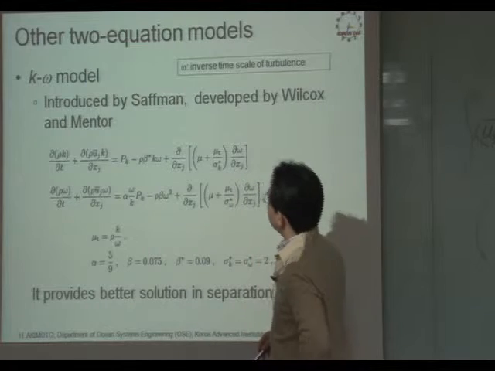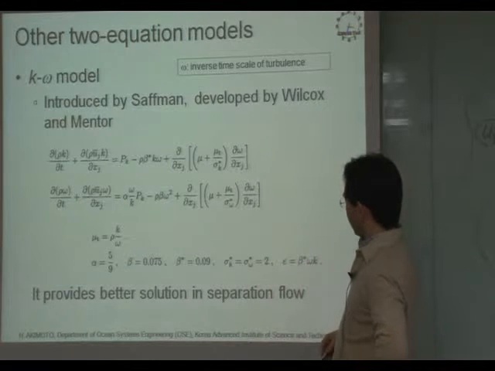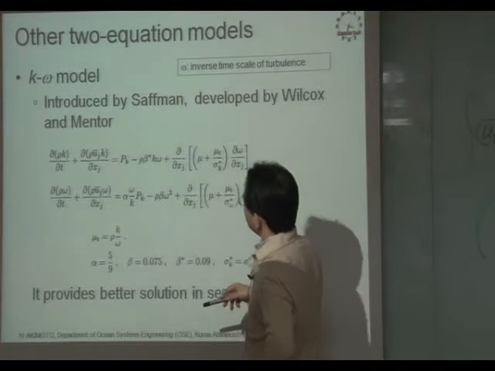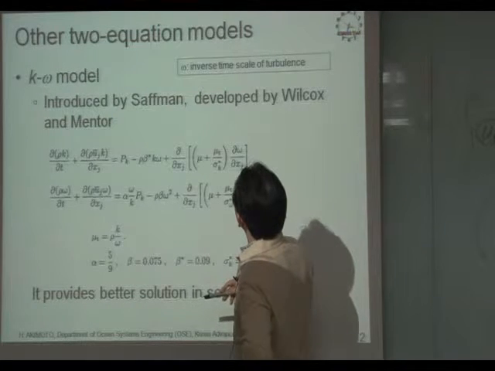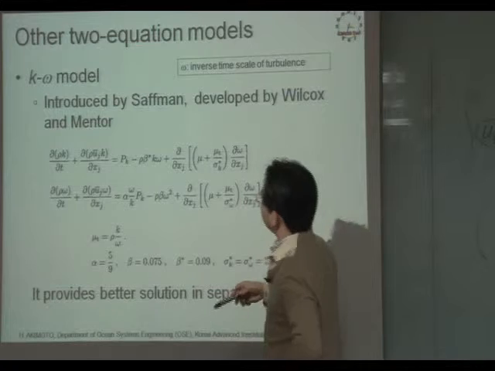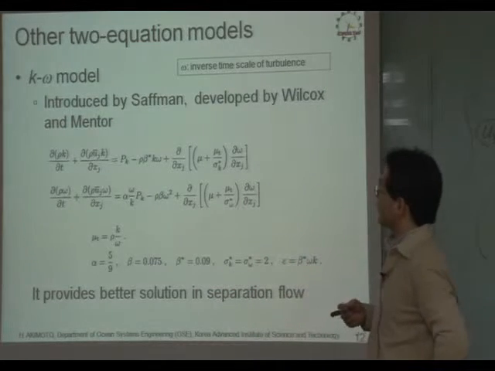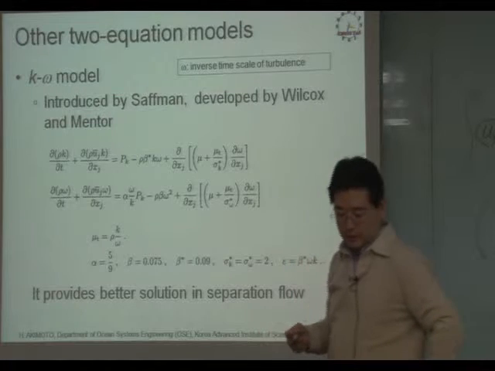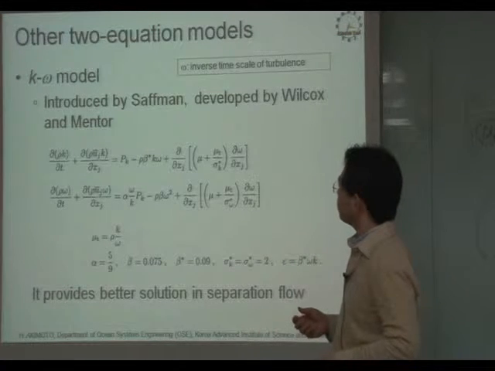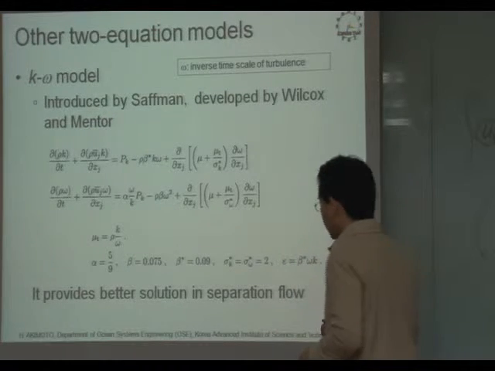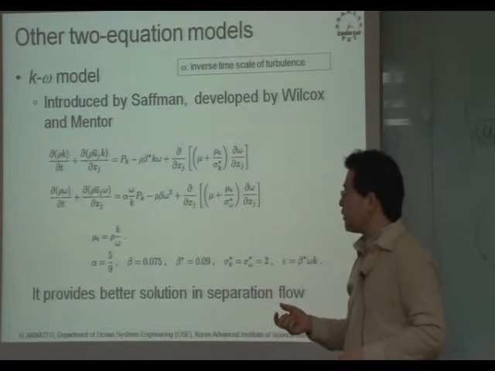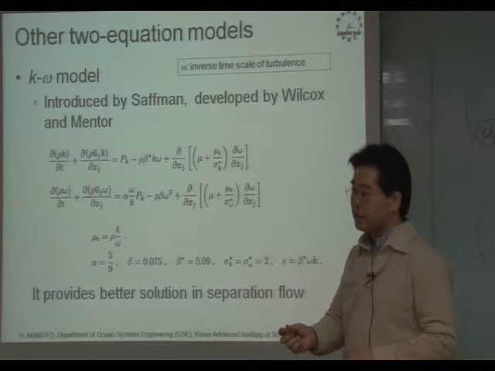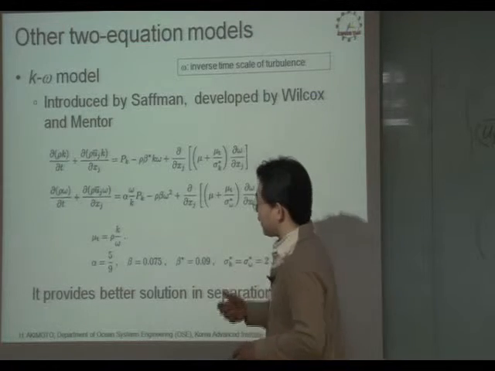And the definition of omega is, I'm sorry, I forgot to mention the definition of omega. Omega is the inverse of time scale of turbulence. Small vorticity indicates small time scale. So in this case, omega is large.